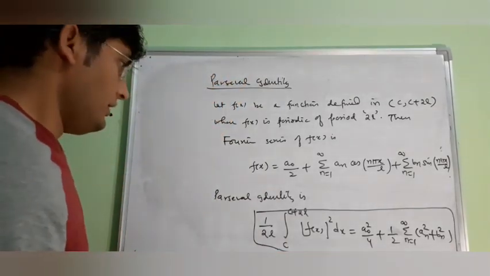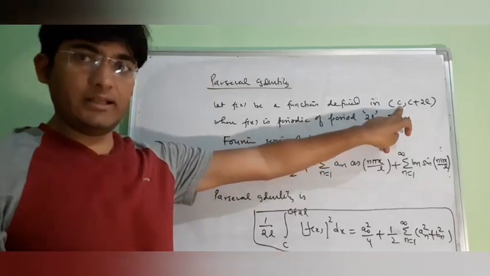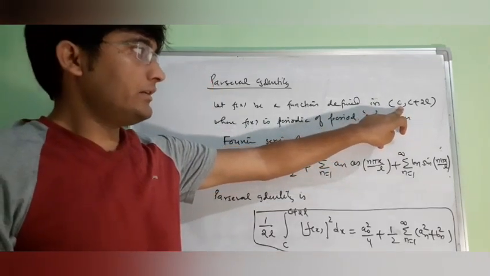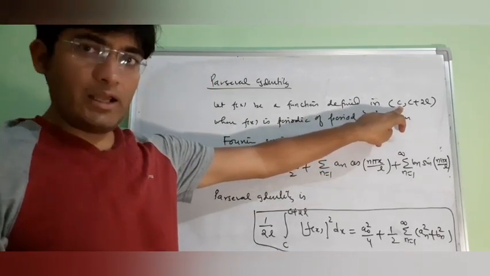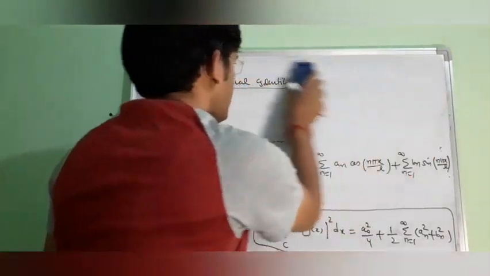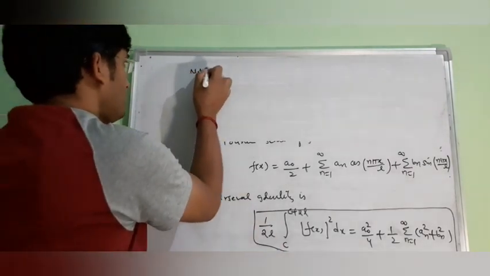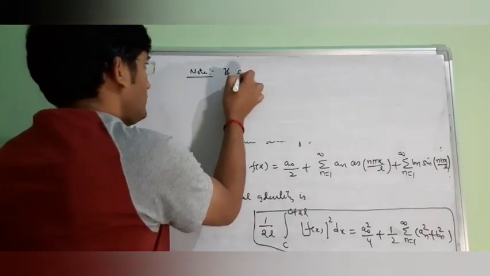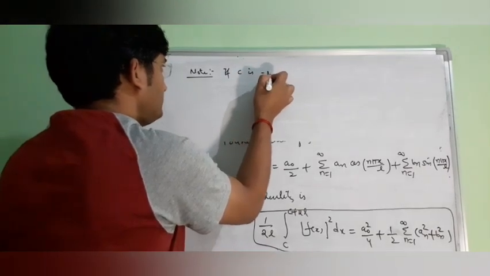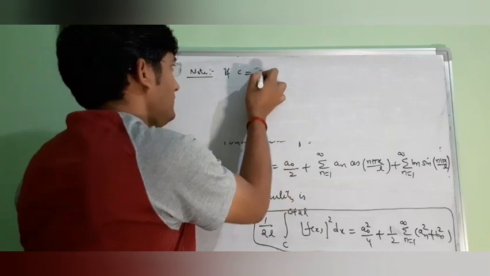Now suppose that c equal to minus l. Then the length of the interval will be 2l and the interval will be minus l to plus l.